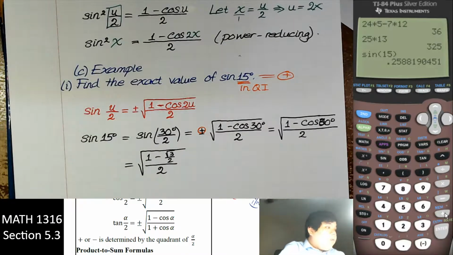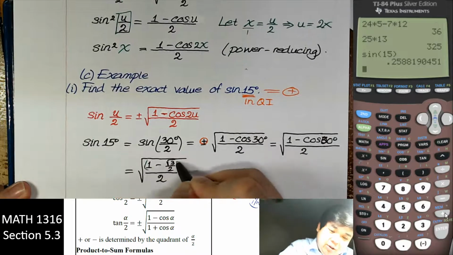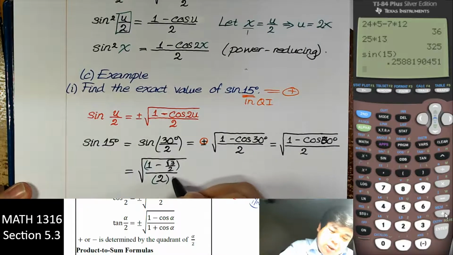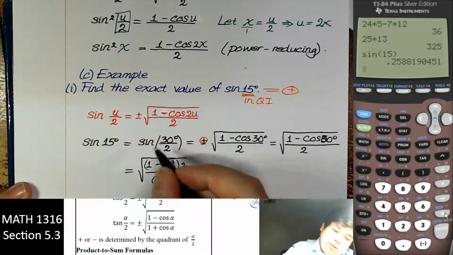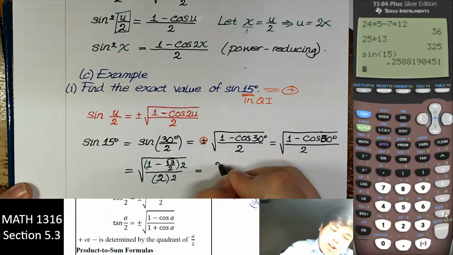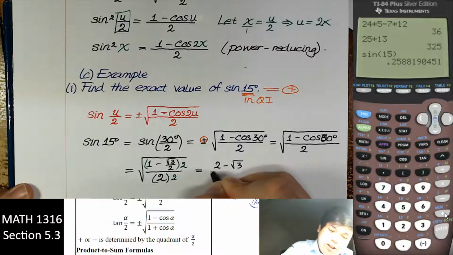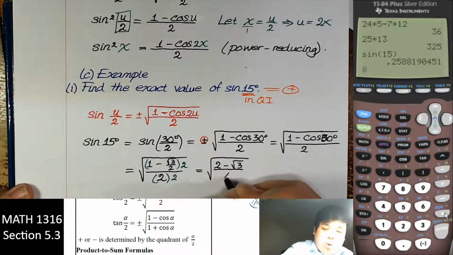Right, so quite often, and not in the half angle formula, we try to simplify this. If I multiply top and bottom by 2, 2 times 1 is 2, 2 and 2 cancel out, we have the square root of 2 minus the square root of 3, divided by 2 times 2, which is 4.